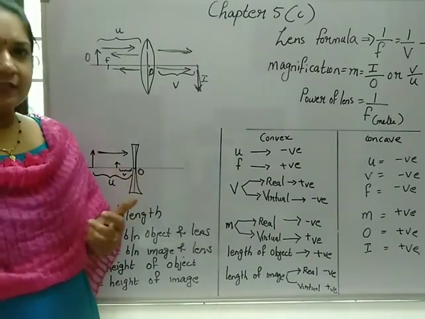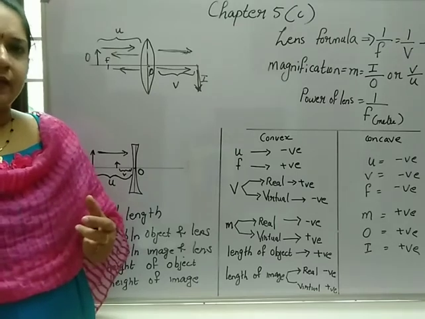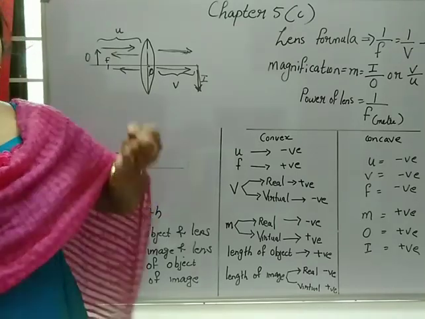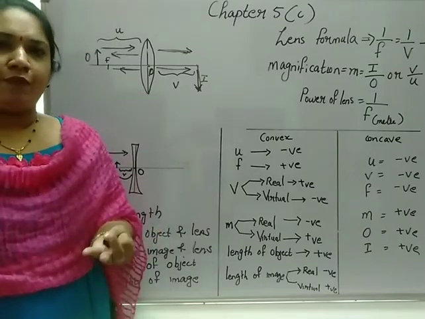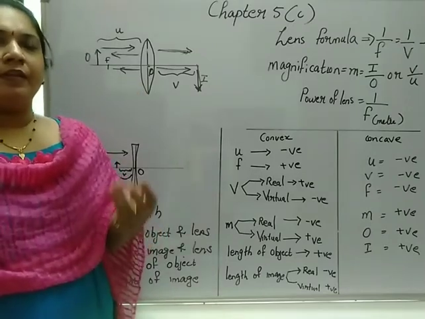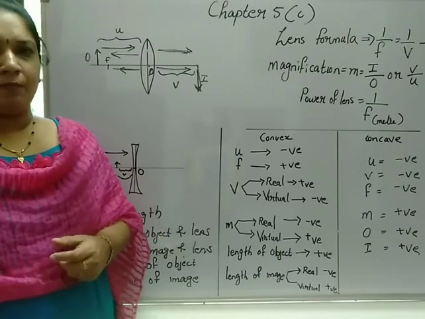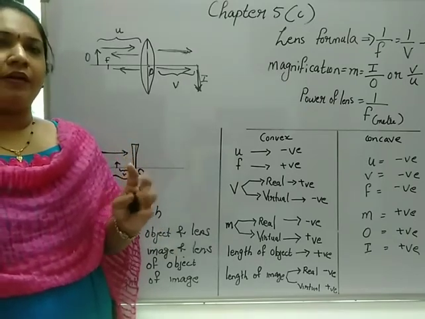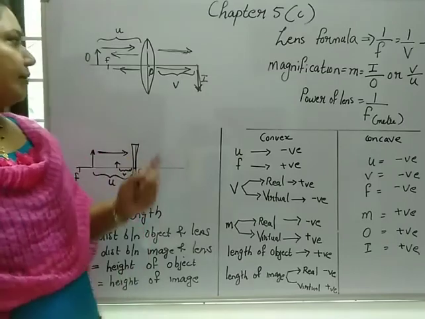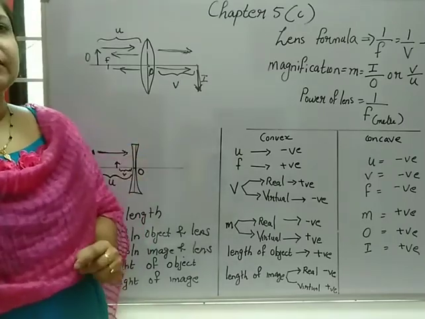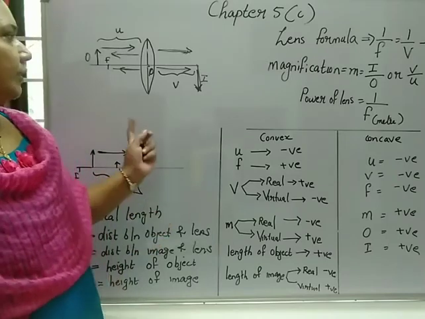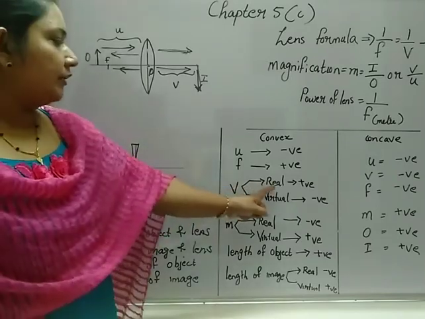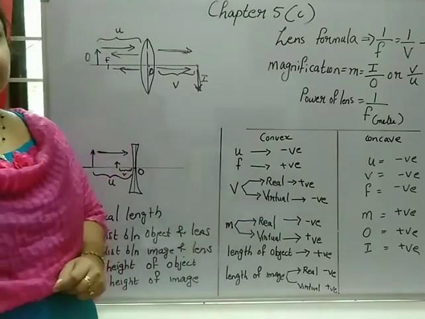For a convex lens, when we draw the ray diagram, we have drawn 6 diagrams. When the object is at F, at C, between F and C, beyond C, then at infinity, between F and P. In all that, in the first 5 diagrams, we got a real image. Real image means we got it on the opposite side. So if the image is on the opposite side, then we can take V as real, and this V is positive.